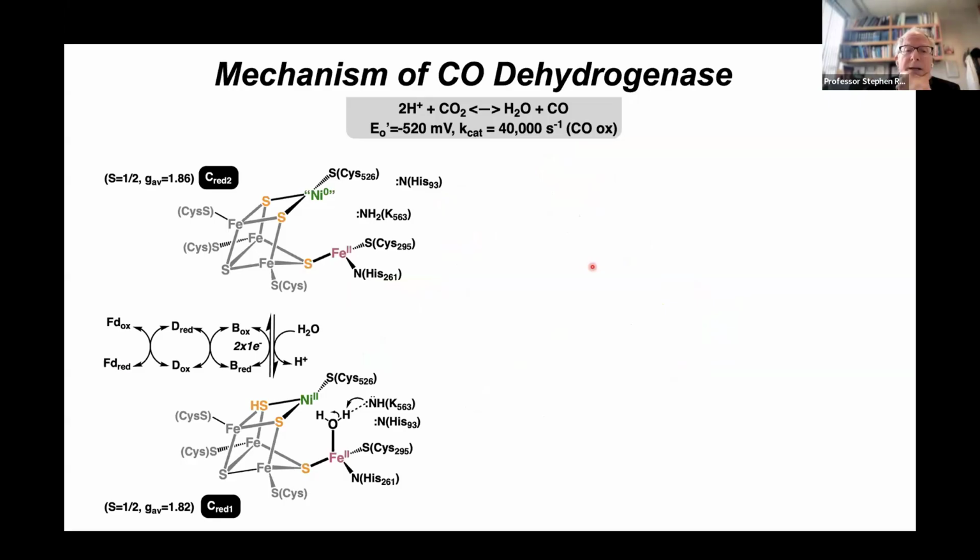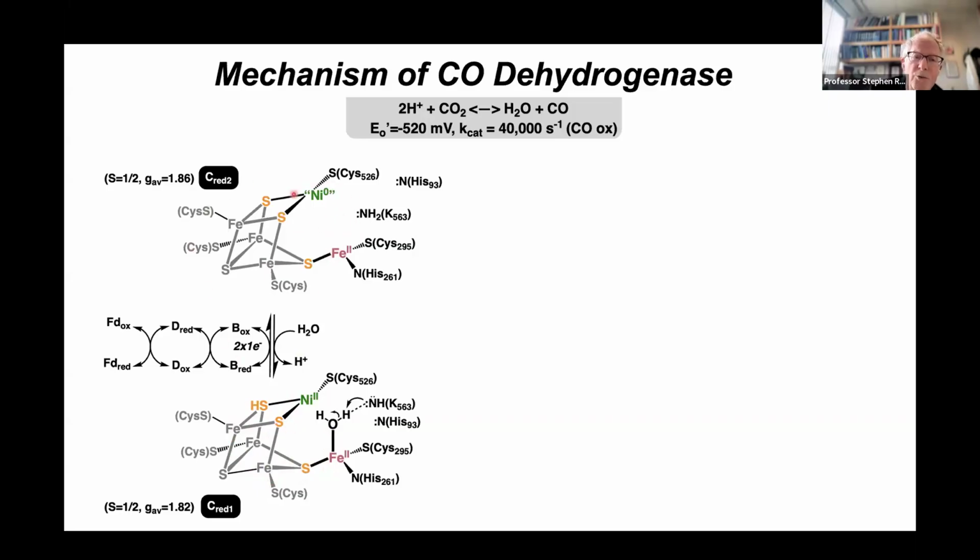So if you look at the overall mechanism, which is diagrammed here, we have something I'm just calling CRED2. We've been working hard for many years to try to differentiate between these two states of the C cluster, drawn out here like a ChemDraw picture, where you see the nickel ion and the 4 iron 4 sulfur cluster, shown here in CRED1, CRED2 without the water.